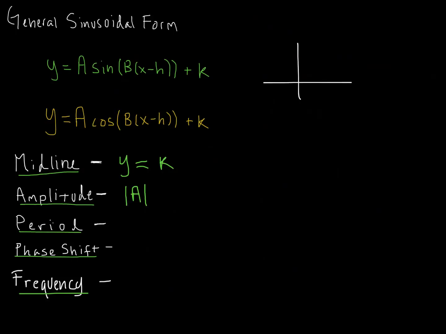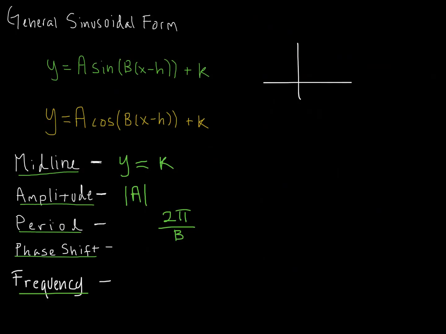But when you changed b to 2, the period all of a sudden decreased and became pi, or was cut in half. And so you might think that we divide by b, and that would be correct. Your period is simply 2 pi radians, because that's what it normally is, divided by the b value. So the higher the b value gets, the smaller the period will be, or the closer together the maximum points are.